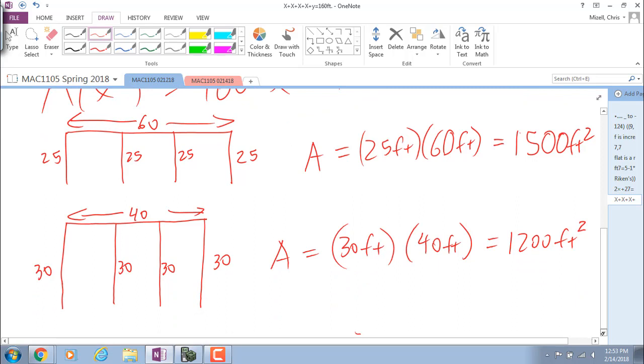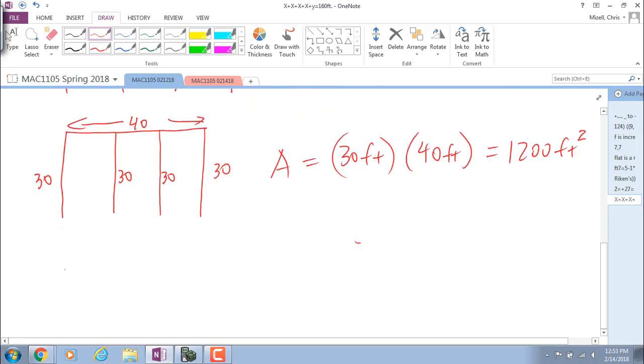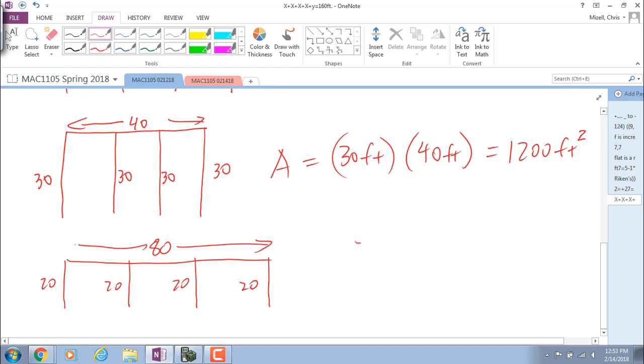So evidently, if we build this so that it's 20, 20, and 80 feet long, that's a total of 160 feet.